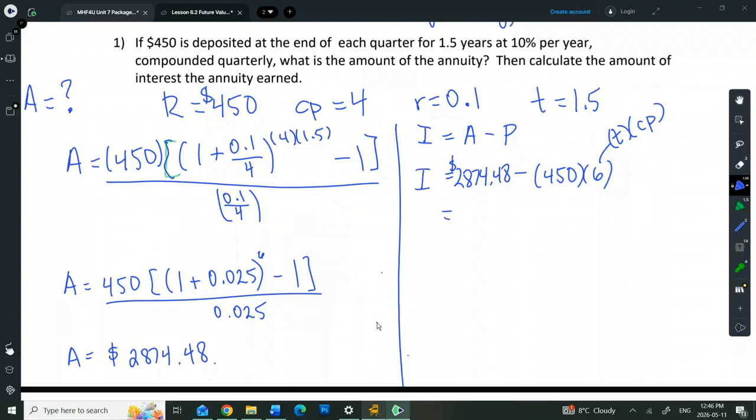The difference between those things, how much I put in myself and how much the annuity is, is obviously the interest that was earned.